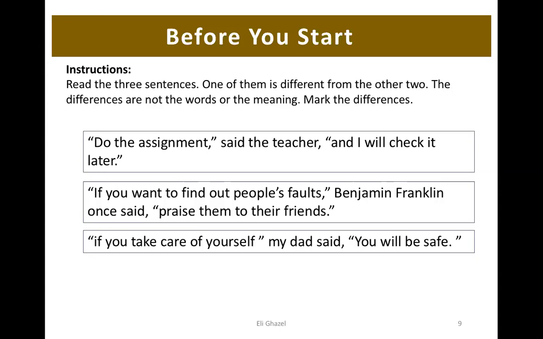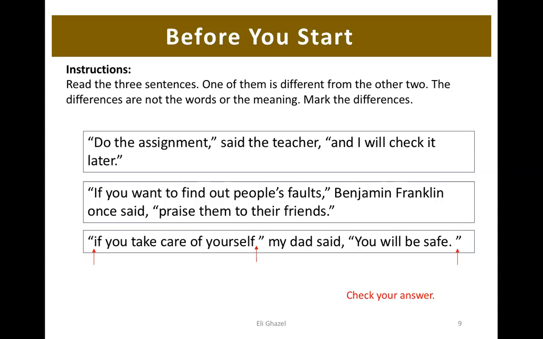And again, when they finish, what you want to do is get them to check their answers. And here's what we're going to see. Oh, look, the "if" and the "do" start with a capital, and in this one, the "if" starts with a small letter. In the other two, we've got a comma after the middle of the quotation, and in this one, nope, there's nothing, and there's a space.